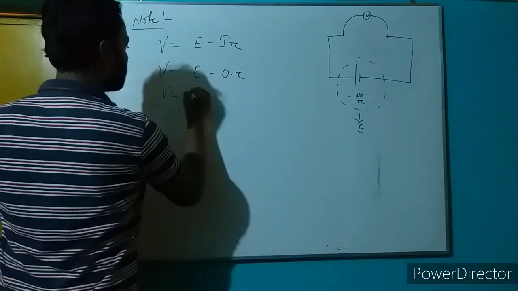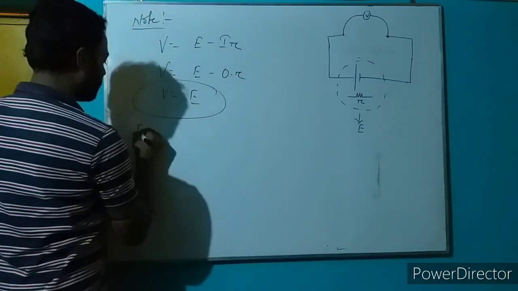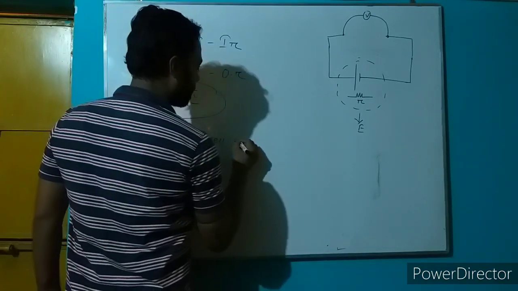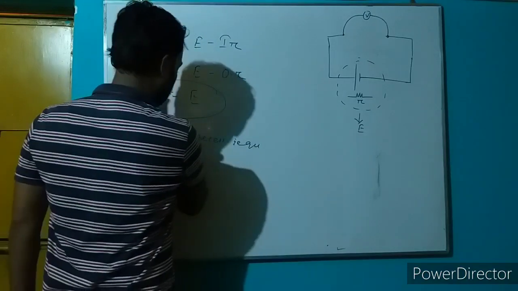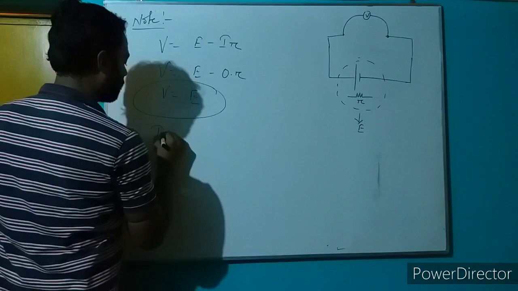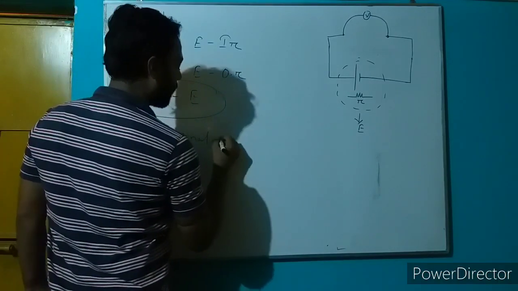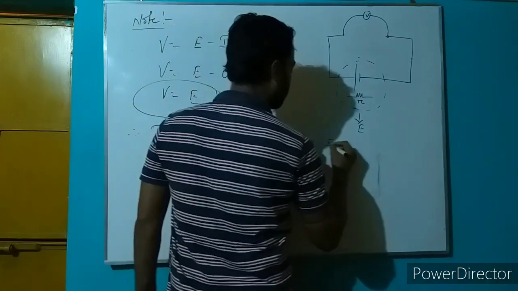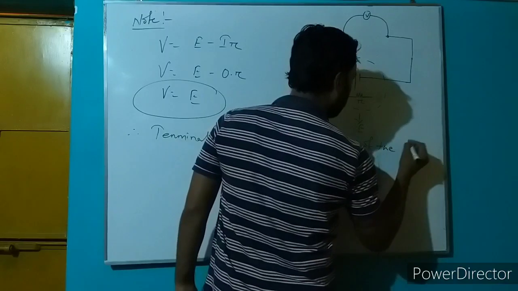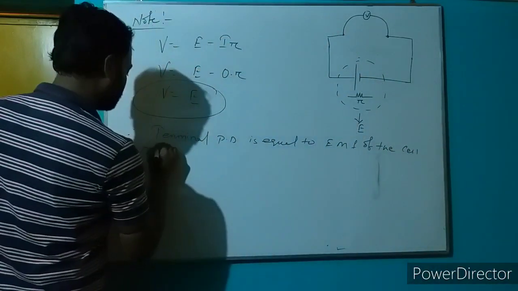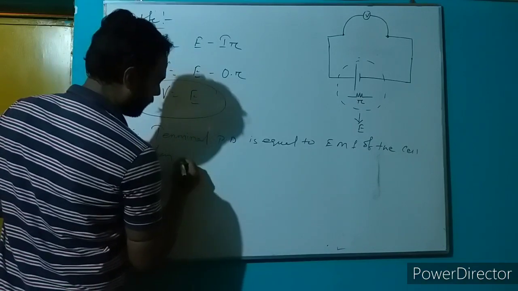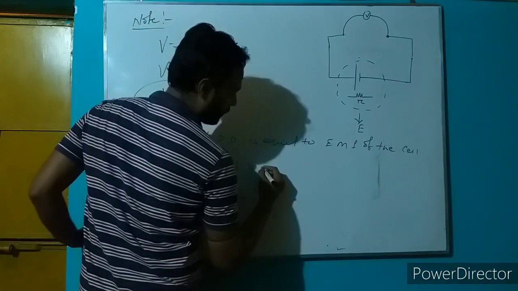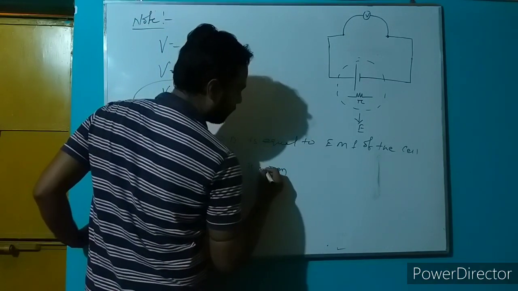That means V equal to E. Therefore, the terminal potential difference is equal to the EMF of the cell when the circuit is an open circuit.